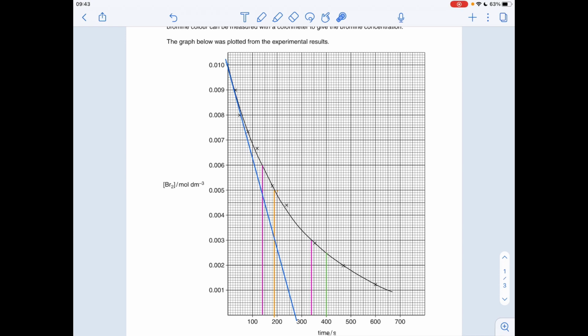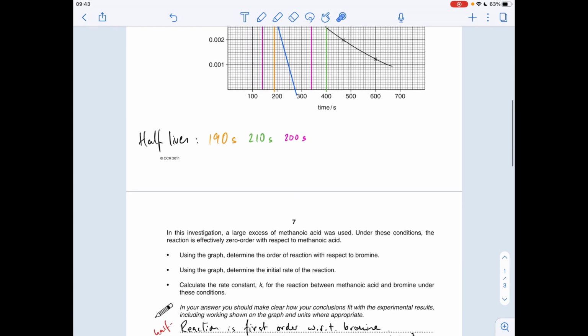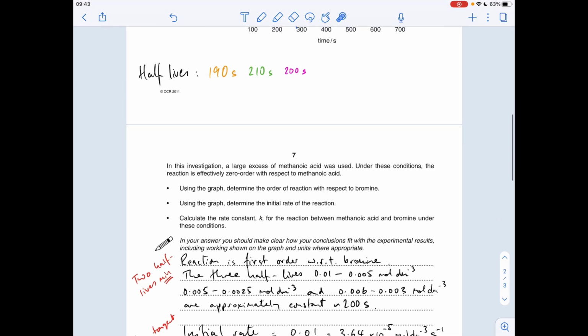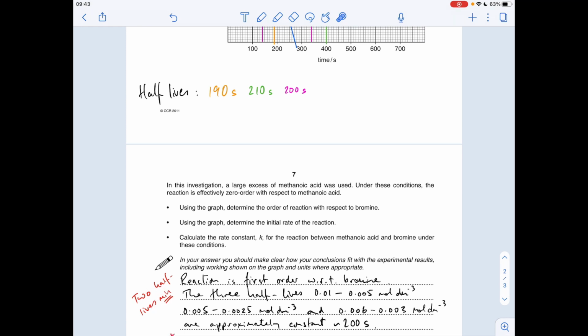So I can say that it's first order with respect to bromine. You can see I've written up those 3 half-lives. Okay, so 2 half-lives minimum. The reaction is first order with respect to bromine because the 3 half-lives, that to that, that to that, and that to that, are approximately constant at 200 seconds.